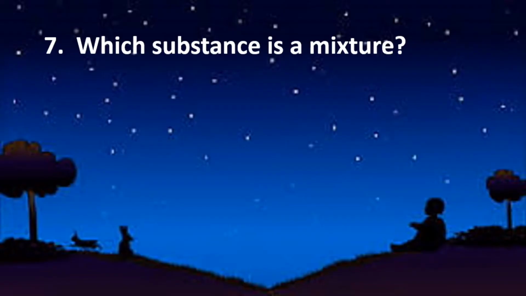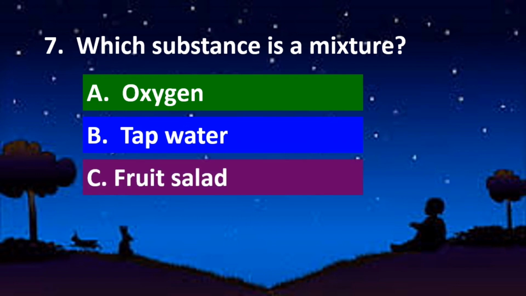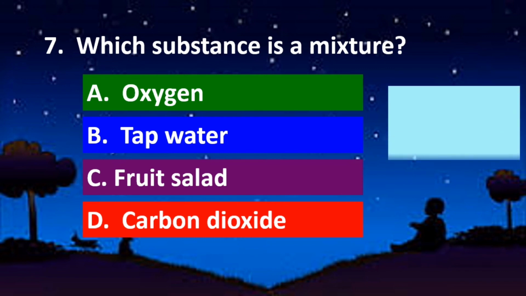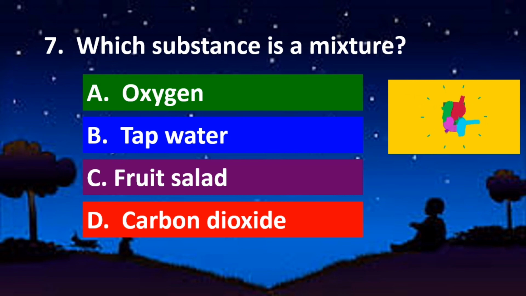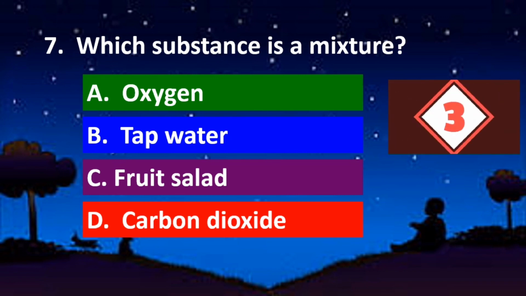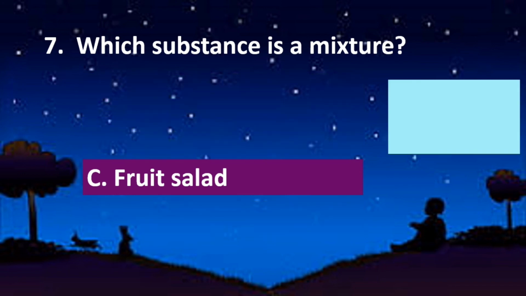Number 7. Which substance is a mixture? A. Oxygen. B. Tap water. C. Fruit salad. D. Carbon dioxide. The answer is letter C, fruit salad.